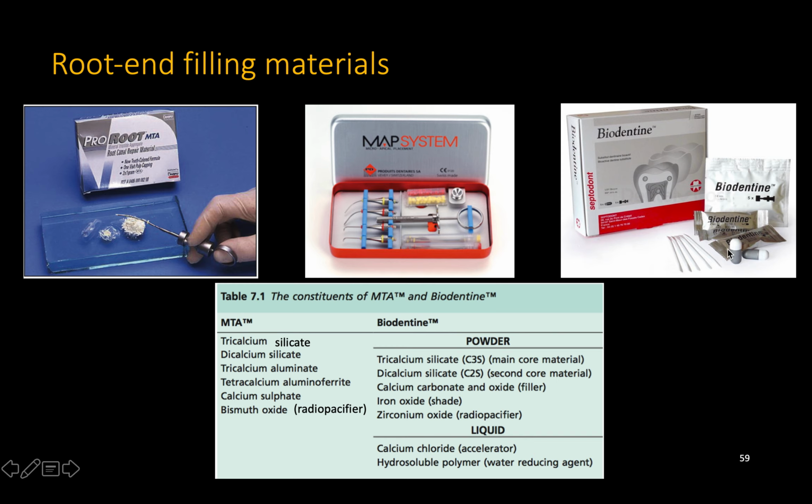Biodentine comes as capsules which contain the powder and ampules that contain the liquid. You add the liquid to the powder, and then you mix the capsules in the amalgamator, and then you place the material in the MAP system, and then you inject it into the root end.